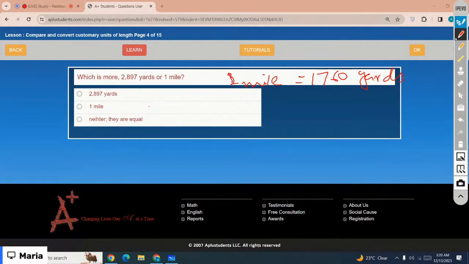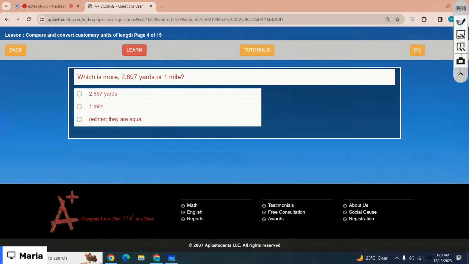The correct option is 2,897 yards is more than 1 mile, right? The correct option is 2,897 yards.